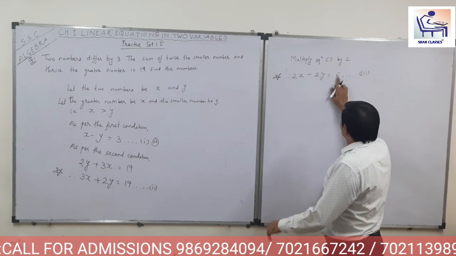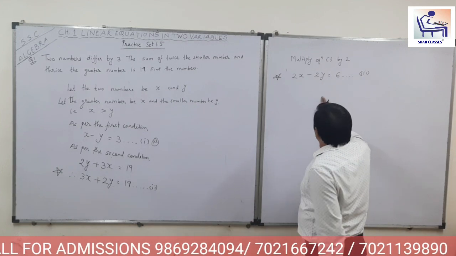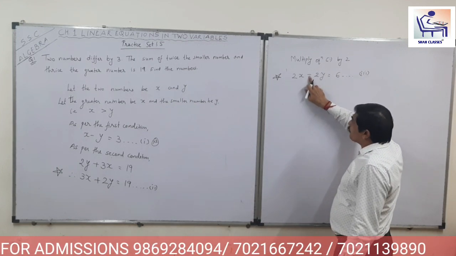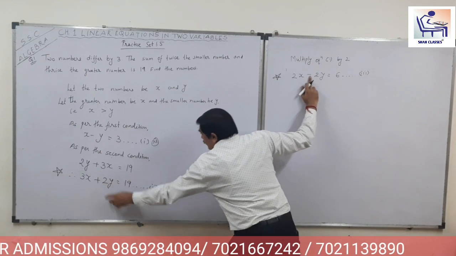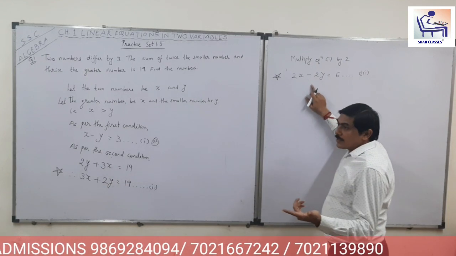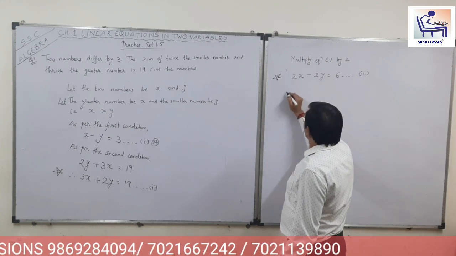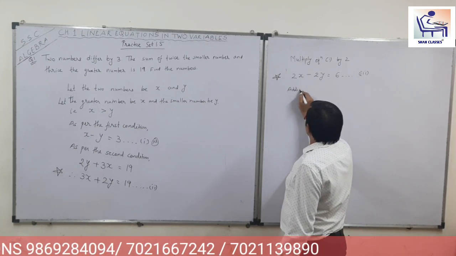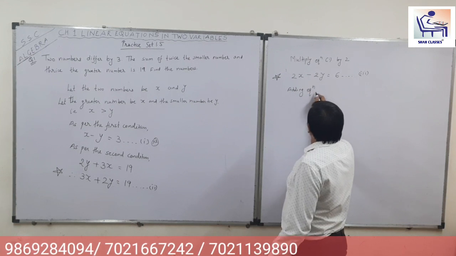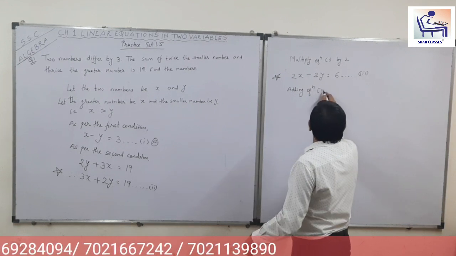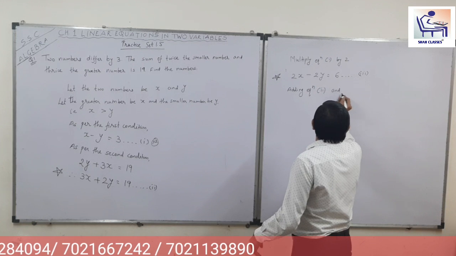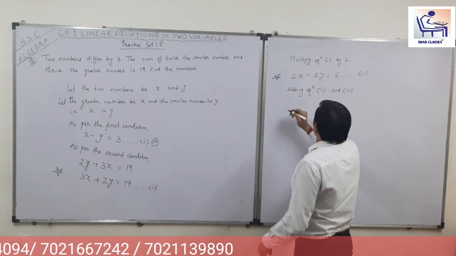Now you can see here there is a 6 and here 19. And what we are going to do here, there is a minus and here plus. So opposite sign addition. What I am going to do? Adding equation 2 and 3.